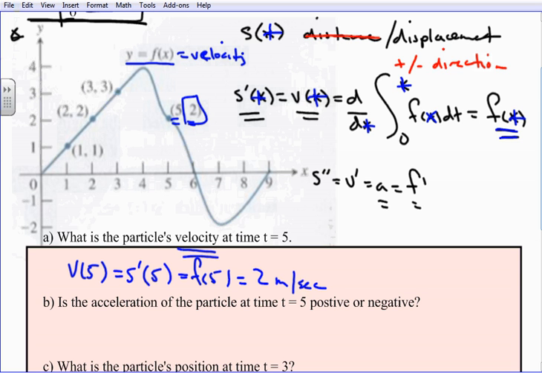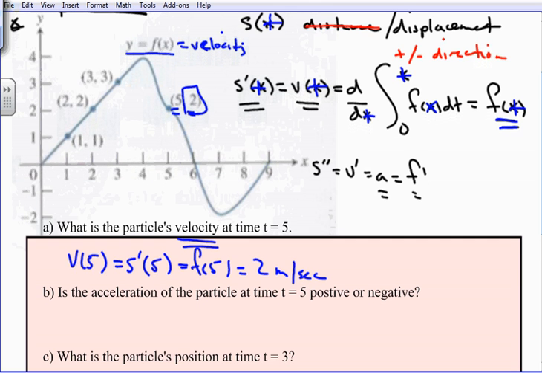Is the acceleration of the particle at time t equals 5 positive or negative? Well, to figure this out, the acceleration is the slope of the curve. Acceleration is the derivative of velocity, which is the derivative of f. So what's happening at 5?